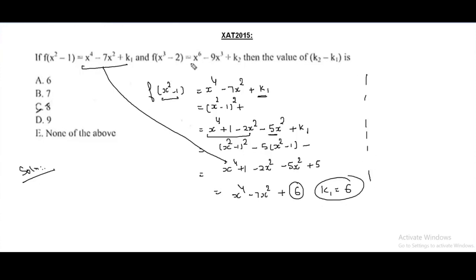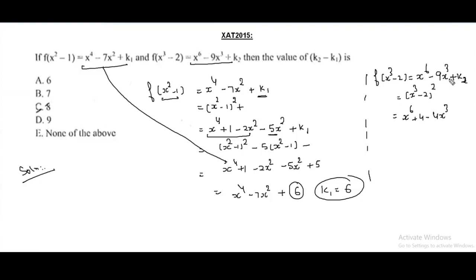Similarly, write down this equation in terms of x cube minus 2, for k2. So can I say if I'm getting x raised to power 6, that is x cube minus 2 whole square? If I do that, what I'll get? I'll get a square plus b square minus 2ab.